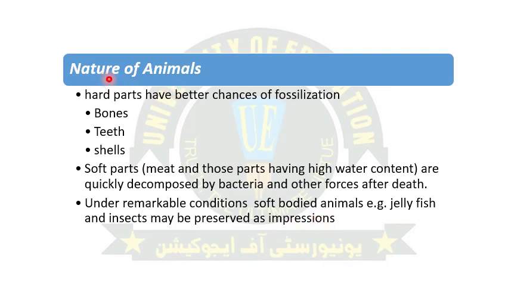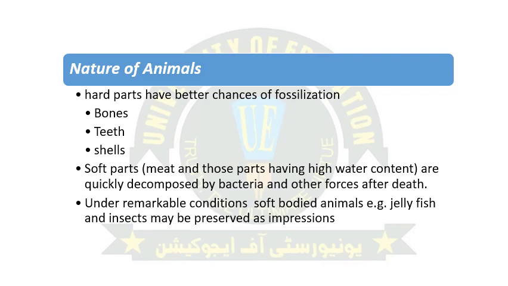So the animal's nature and its body parts' nature matter very much during the process of fossilization. If an animal has harder body parts, then there are more chances of fossilization. If an organism has soft body parts, then there are fewer chances that its body becomes fossilized.